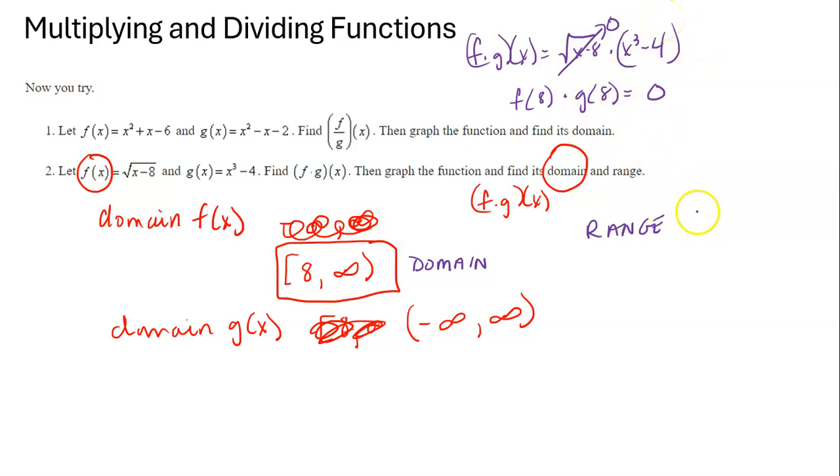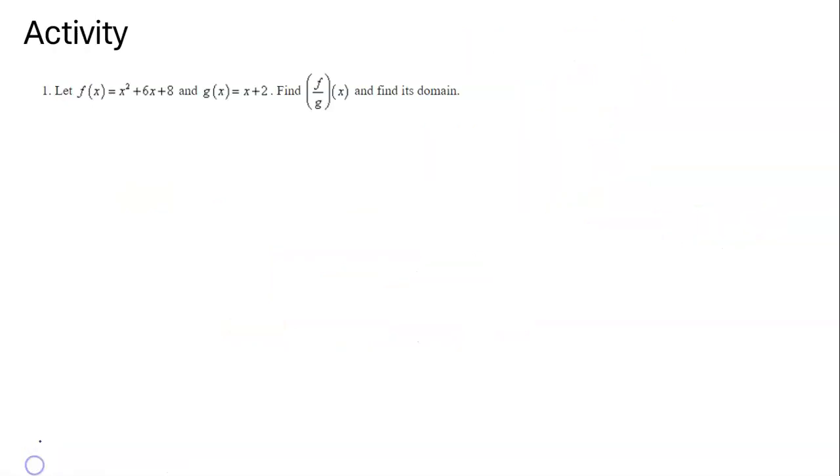So my range is going to be 0, because it can include 0, to, and this is y, what y can be, not what x can be, infinity. Wow, that was difficult.